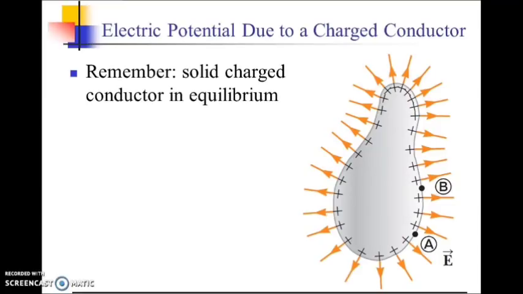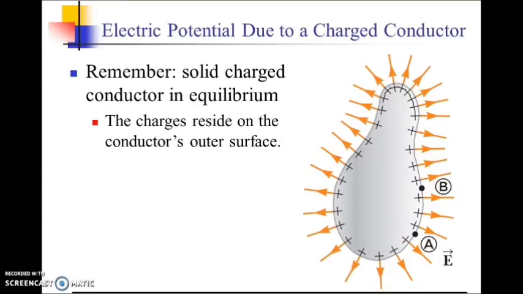There were a few things that we've learned from the previous lecture regarding a conductor with excess charge at electrostatic equilibrium. The first thing is that all of the charge on the conductor is on the outer surface of the conductor.